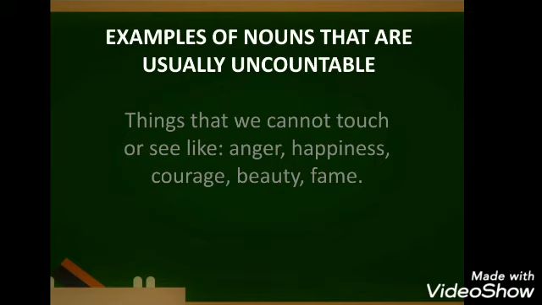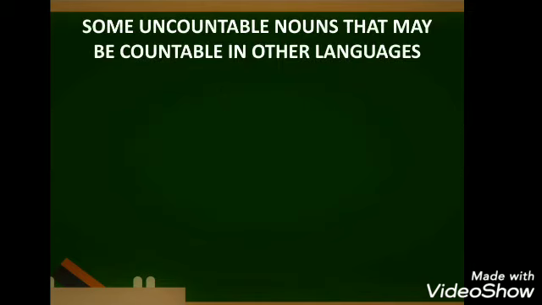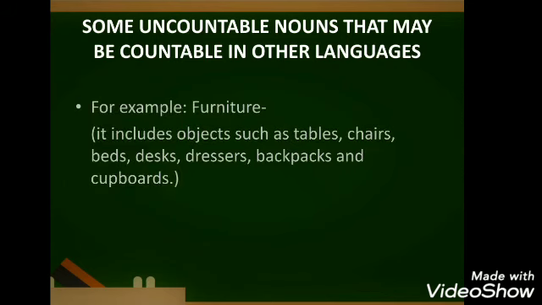Some uncountable nouns that may be countable in other languages. They are actually categories. For example, furniture. It includes objects such as tables, chairs, beds, desks, dressers, backpacks, and cupboards. We cannot say I have a furniture or I have two furnitures, three furnitures.